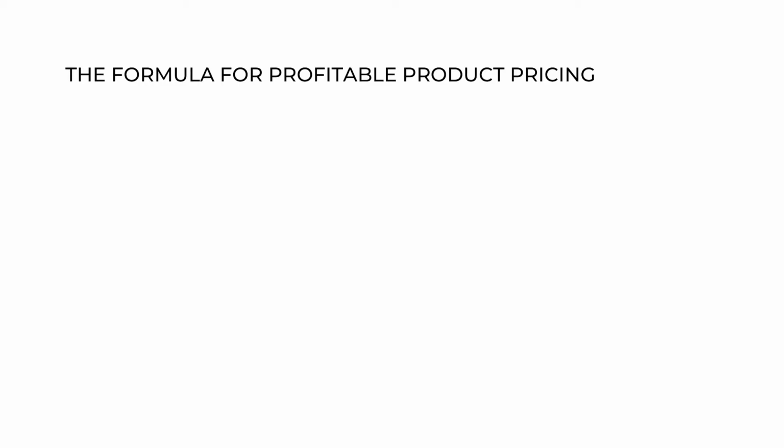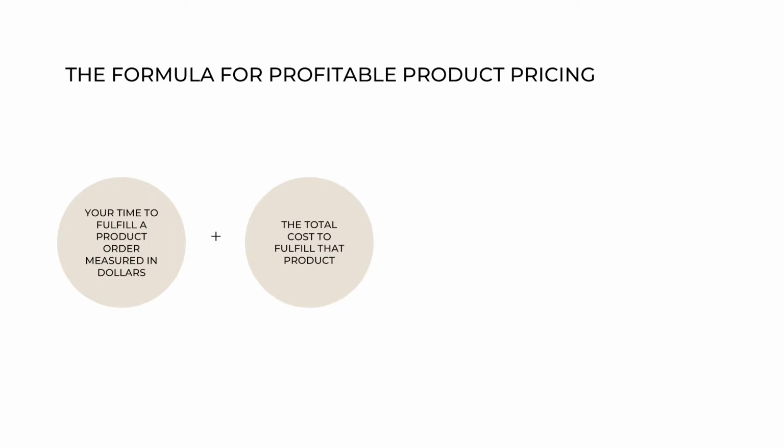And the formula is your time to fulfill a product order measured in dollars plus the total cost to fulfill that product, so those two things together, multiplied by 2.86.